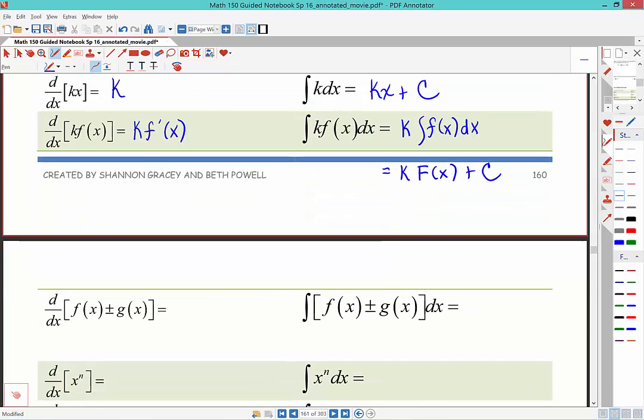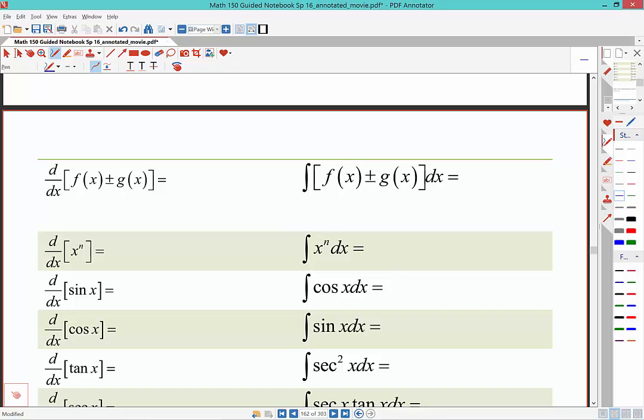All right? Okay, so when you have the derivative of a sum or difference of functions, you get the sum or difference of the derivatives. And over here, when you evaluate the antiderivative of a sum or difference of functions, you will end up getting the sum or difference of those antiderivatives if you wish to break it up.